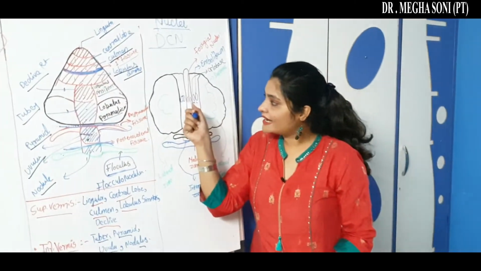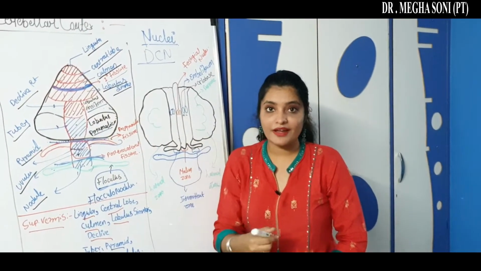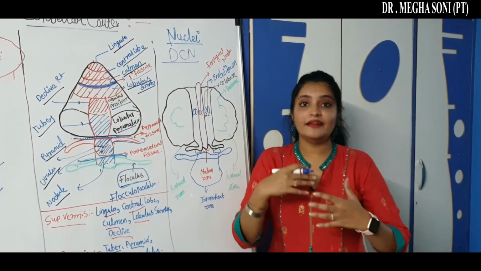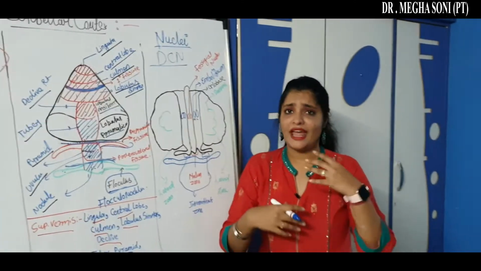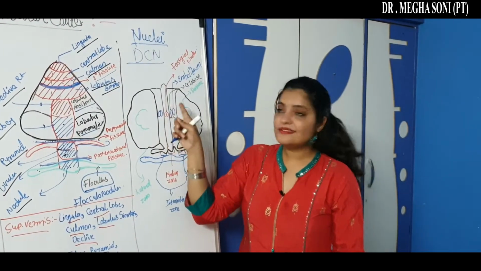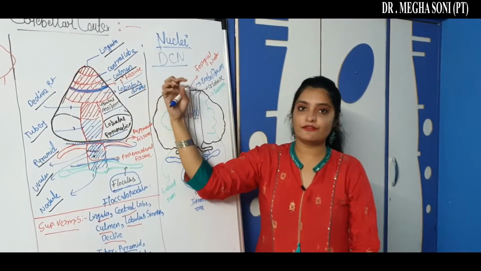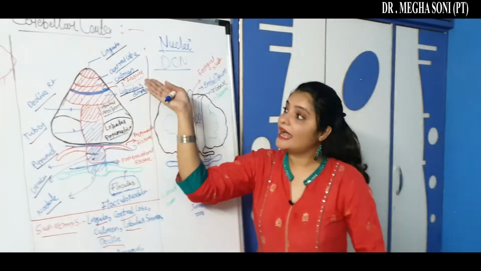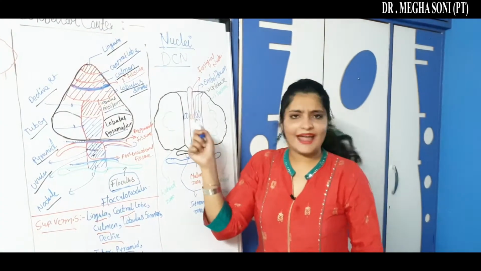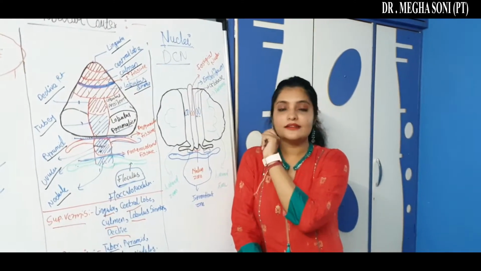Why? Because the deep cerebellar nuclei receive sensation from the periphery through climbing and mossy fibers. They gather the information, analyze it, integrate it and make a final program. And then they send this to the Purkinje fibers, whose axons go through the peduncle to the cerebral hemisphere. Fine. So the deep cerebellar nuclei act as a station.